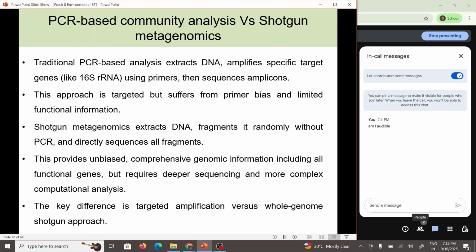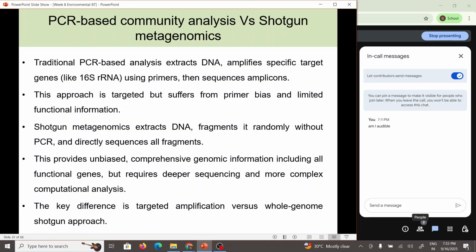Therefore, it is unbiased and gives us comprehensive genomic information, because we are not losing any particular part of the gene or any particular organism for that matter. The comprehensive genomic information includes all the functional genes, but we require deeper sequencing and more computational analysis.